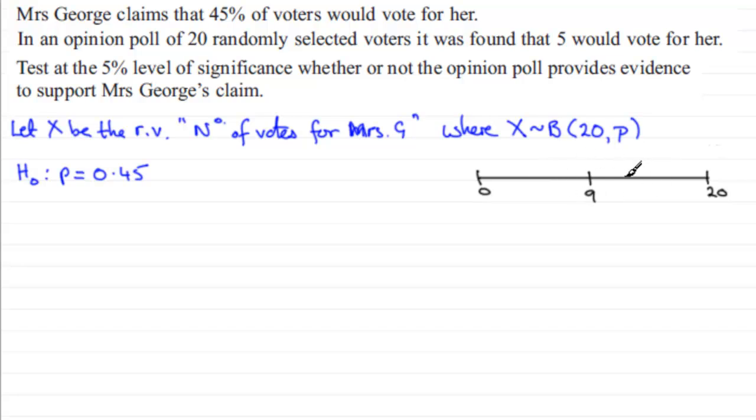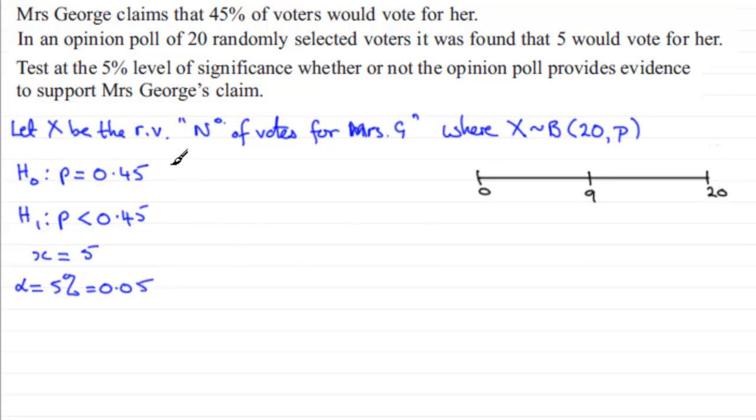But we've seen that only 5 have voted for her, 5 being less than 9. That would seem to suggest the alternative hypothesis, that the proportion is less than 45%, or less than 0.45. We're basing this on the fact that we've observed 5 people voting for her. And we're testing at the 5% level, so we'll set alpha as 5%, or as a decimal 0.05.